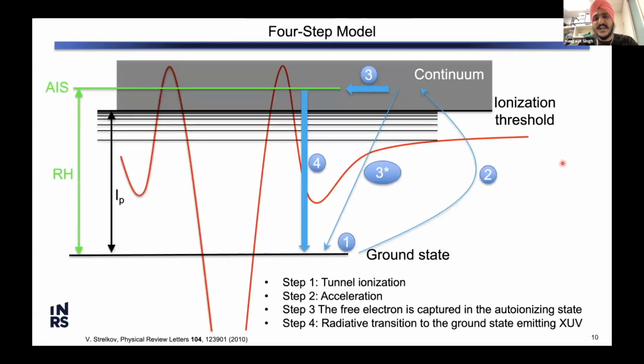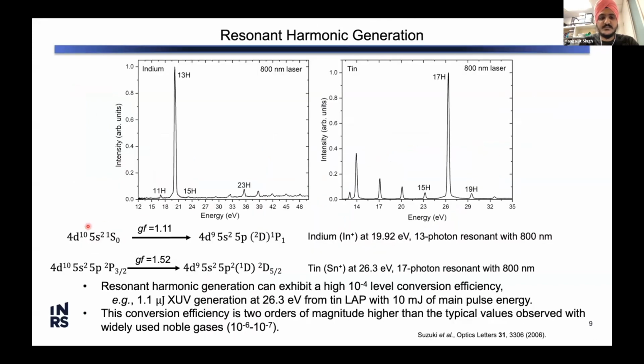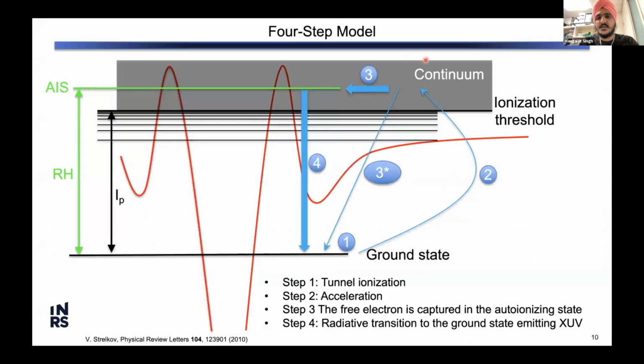So talking about the mechanism of harmonic enhancement, the presence of these strong electronic transitions in the continuum corresponds to the location of an auto-ionizing state above the ionization threshold in the continuum. So to explain the harmonic enhancement mechanism, the 3-step model gets modified into the 4-step model. The first 2 steps remain the same.